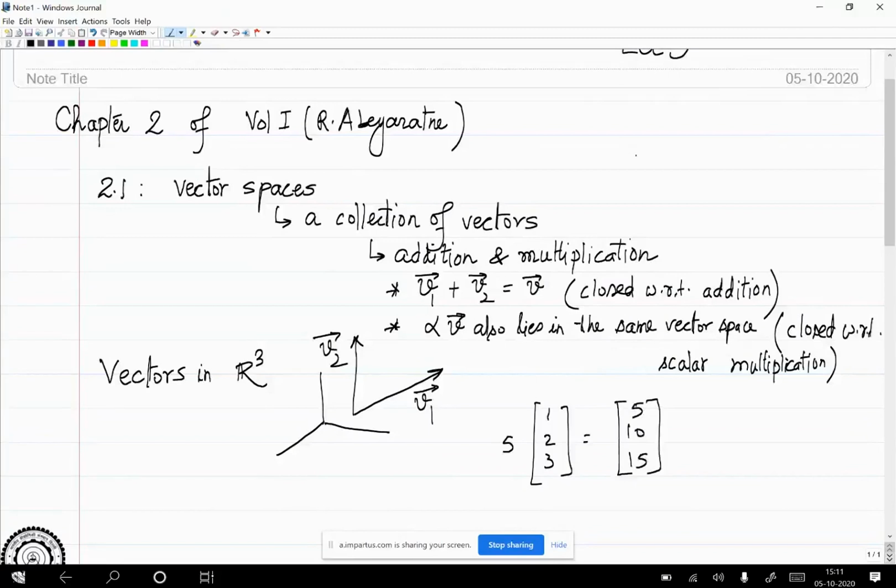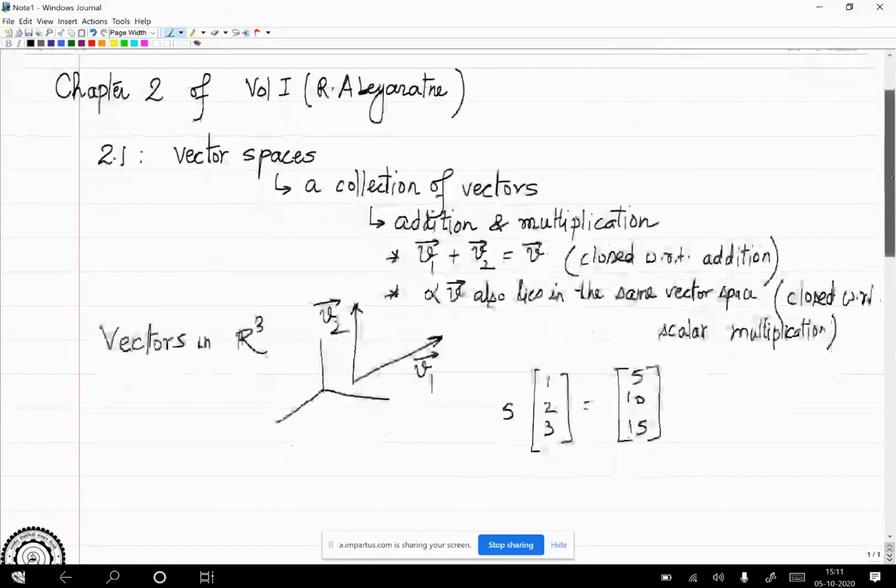Sir, when we are doing addition, the collection of all these resultants of any two vectors, we call it a span. So, is there a similar term which refers to the collection of all these in scalar multiplication? Okay.